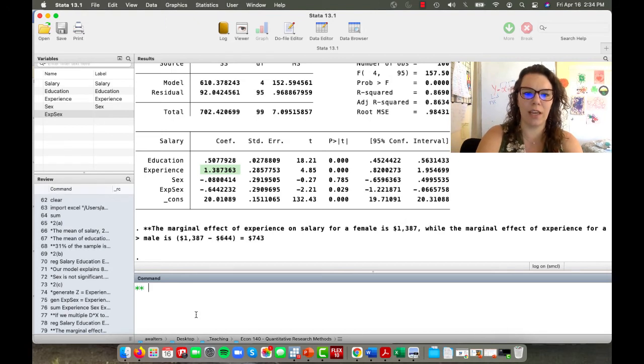And so we can think about it this way. We have now y of salary is equal to our constant, which is $20,000, give or take, plus our coefficient for education, which is $508, plus our coefficient for experience, which is $1,387, minus our coefficient for sex, which is insignificant and negative, $80.